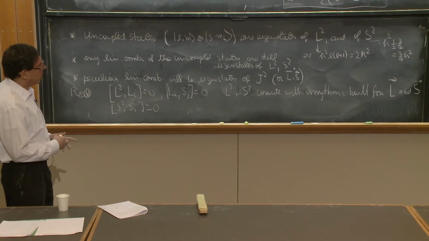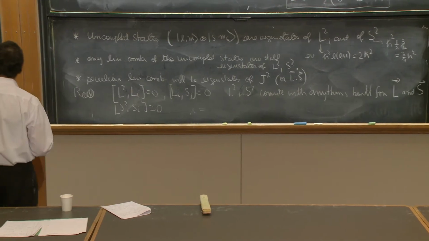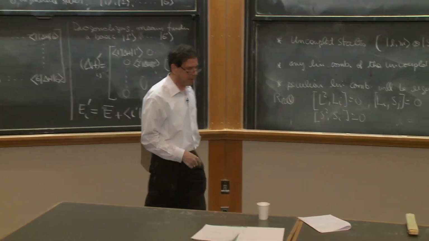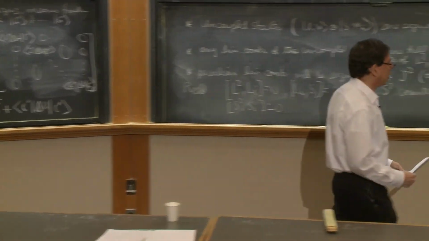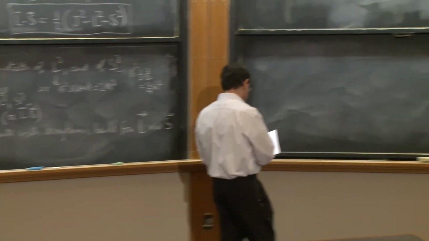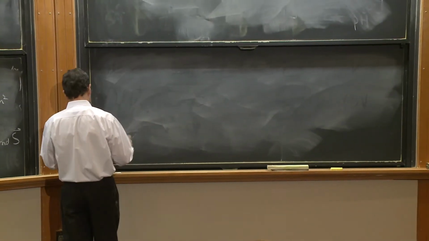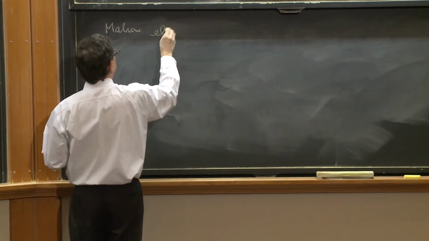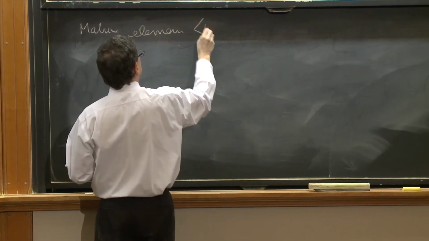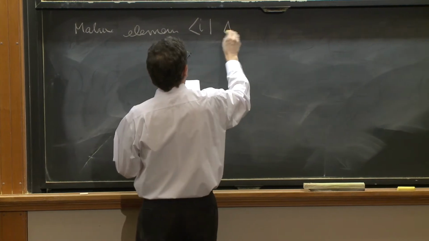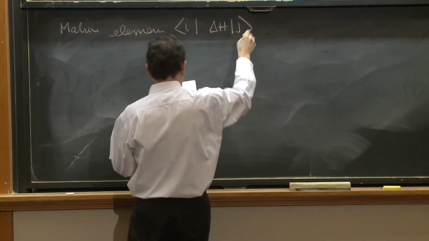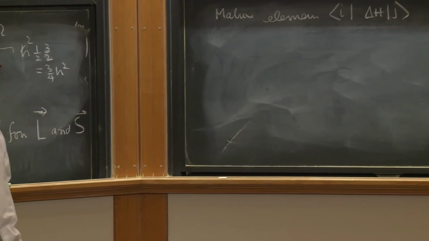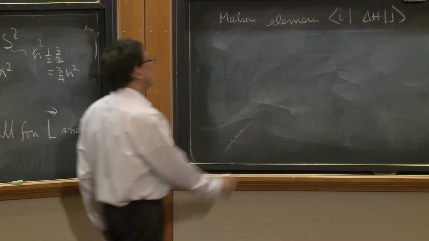So if we're now looking back at these matrix elements, let's anticipate what's going to happen here. If you have a matrix element <i|δH|j>, what's really the meaning of this matrix element? How is it computed?